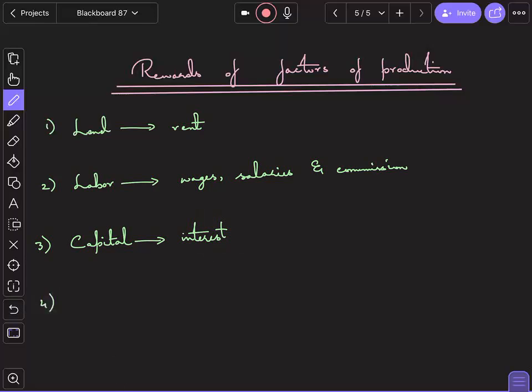And the fourth one is enterprise. And what will be the reward for enterprise? The reward for entrepreneurship is the profit that you earn from starting a business activity. So when you gather or combine the remaining three factors of production and start a business activity, you will get the profit as the reward.